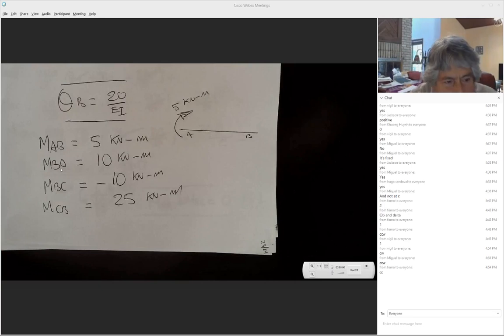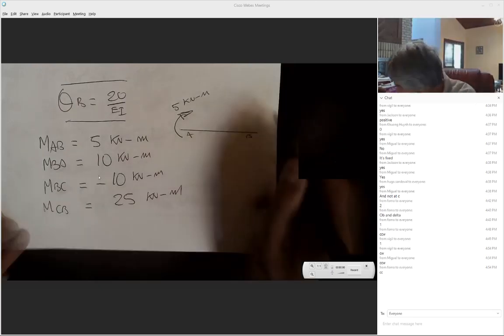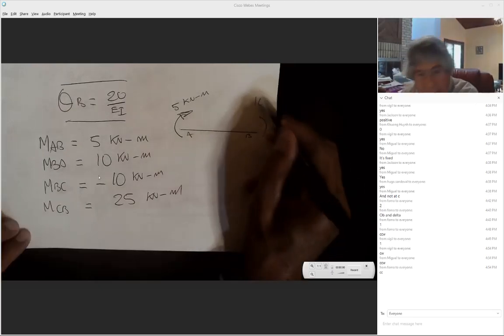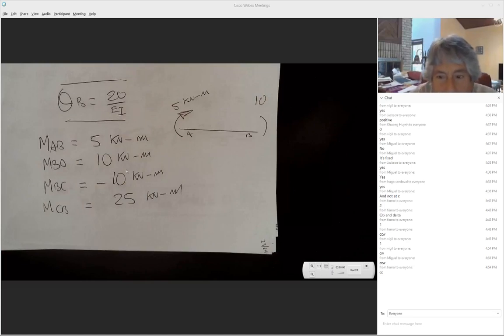And BA is 10. Which direction? Clockwise or counterclockwise? This 10 is positive, and this is positive, clockwise.